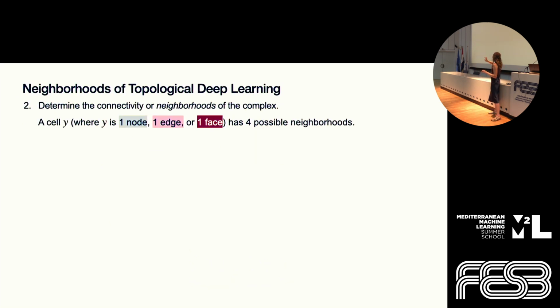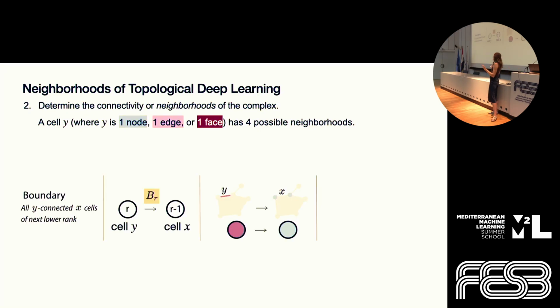Well, there are 4 possible neighborhoods that people use, and I'm going to go over them a little bit quickly. Hopefully, it will be somewhat intuitive. The first, most important neighborhood is the boundary. This is the building block. It's the Lego block of all neighborhoods.